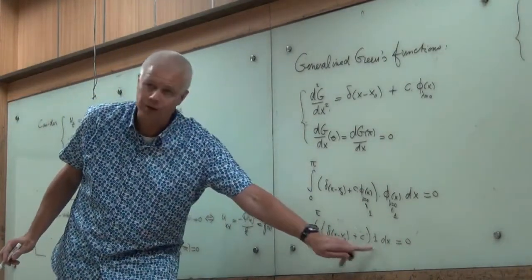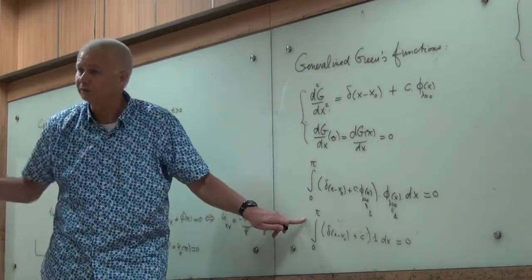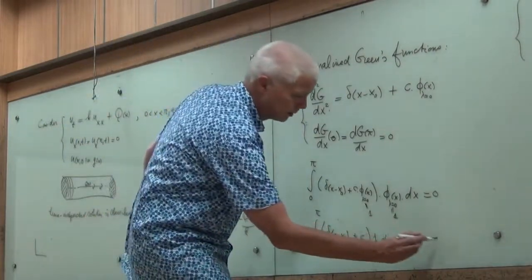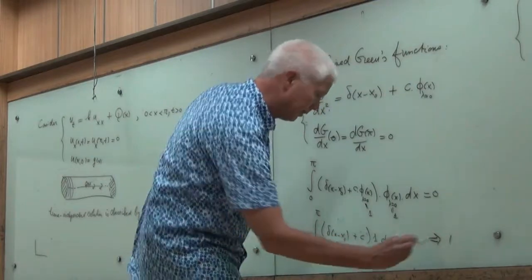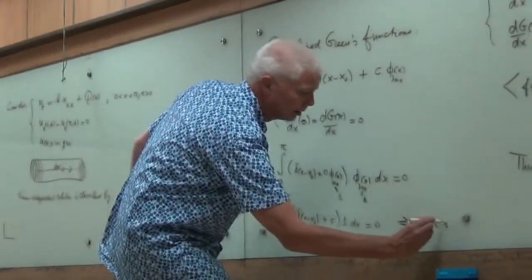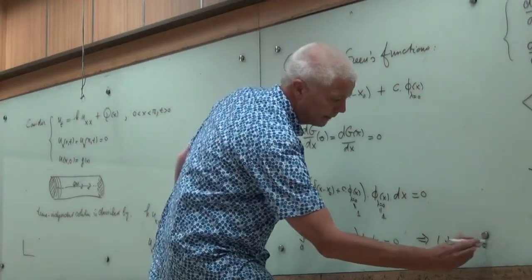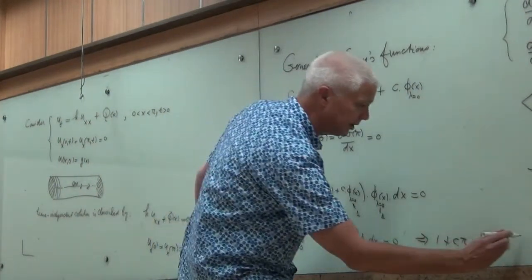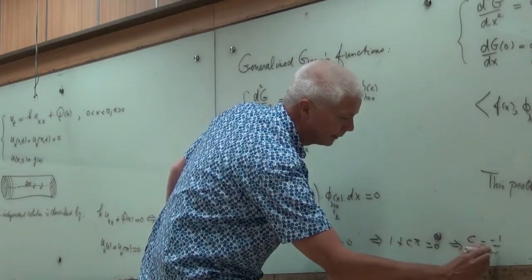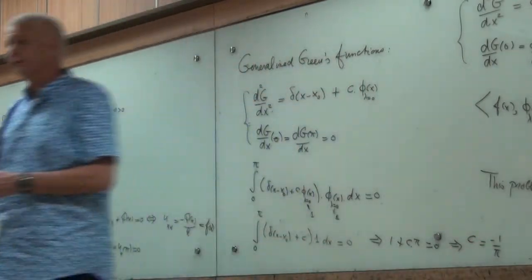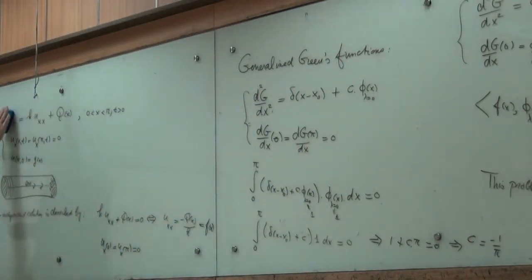Well, the integral of the delta function times 1 over that interval just gives me 1. And that's 1 plus c times pi. That should be 0, and that implies that I should take c equal to minus 1 over pi. Then I have a solvable problem.